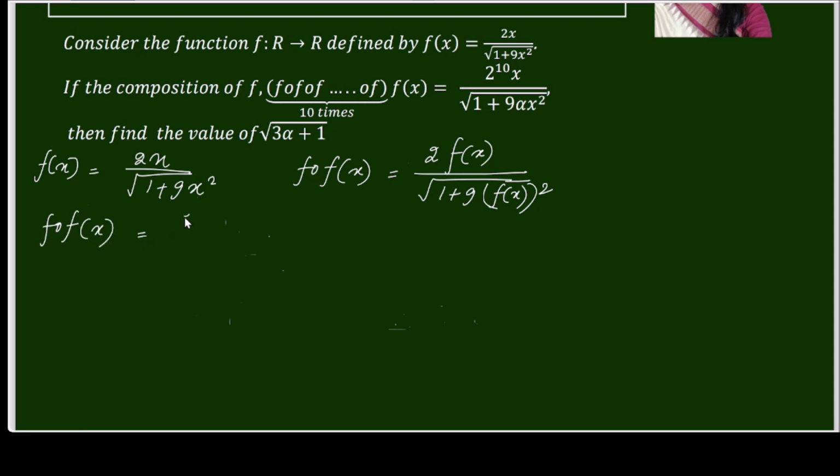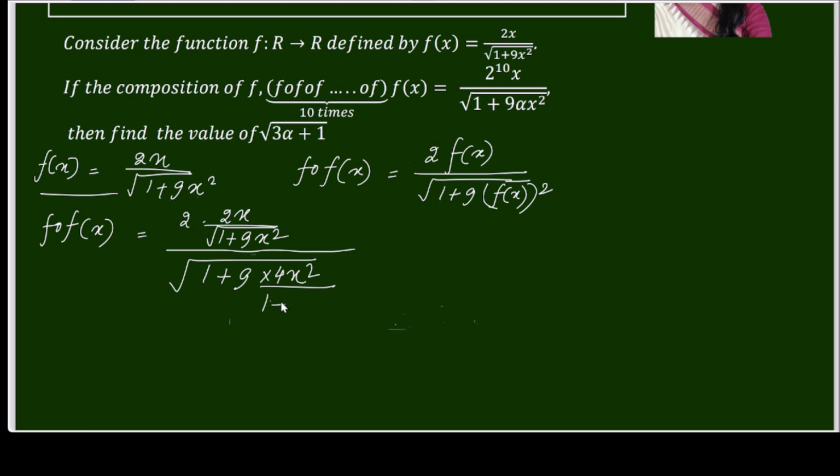On simplification, it will be 2 times 2x over square root of 1 plus 9x squared. The denominator will be square root of 1 plus 9 times f of x whole squared, which equals 4x squared over 1 plus 9x squared, with no square root. So on further simplification it will be 4 times x over square root of 1 plus 9x squared.